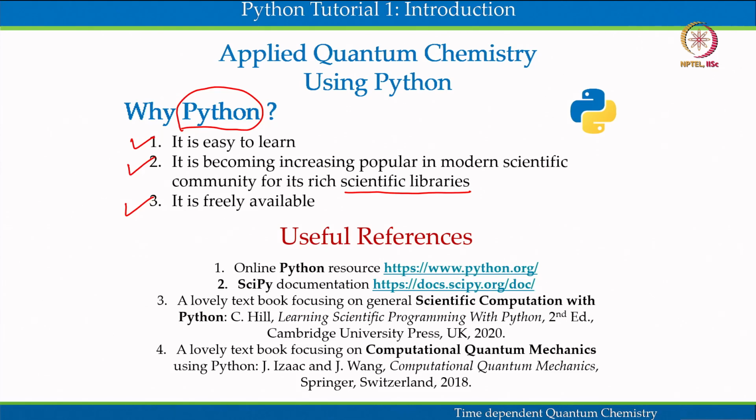The first thing is one can navigate this website for Python programming, and there are a lot of syntax, arguments, methods, and functionalities discussed in this website, and there is a SciPy documentation.